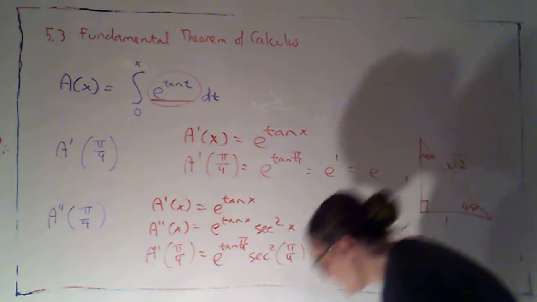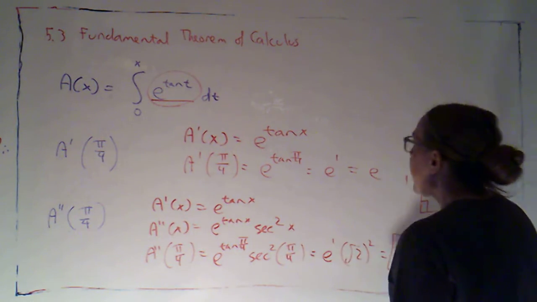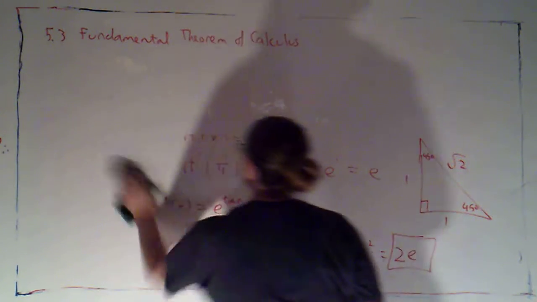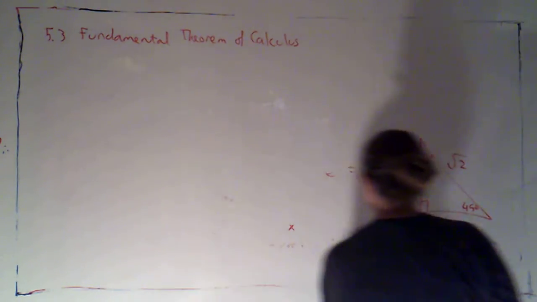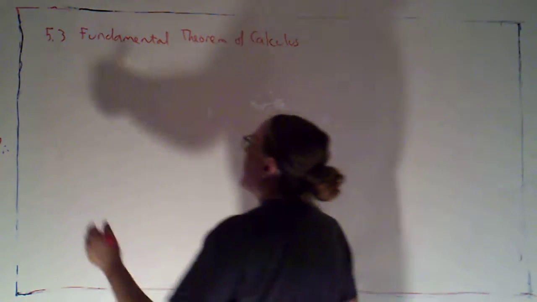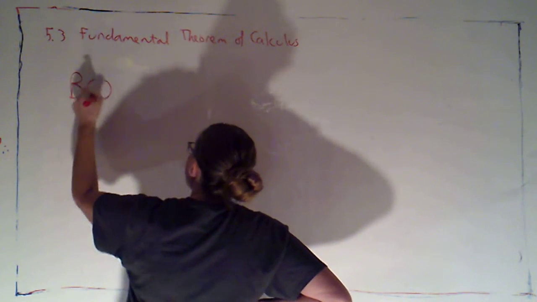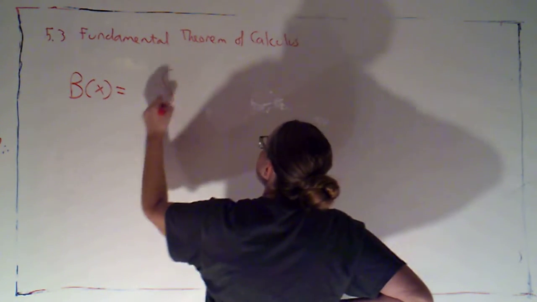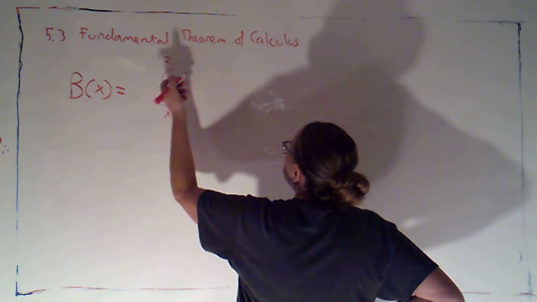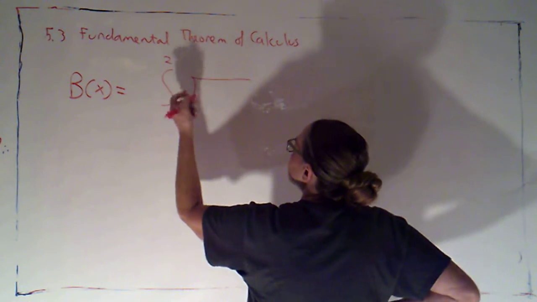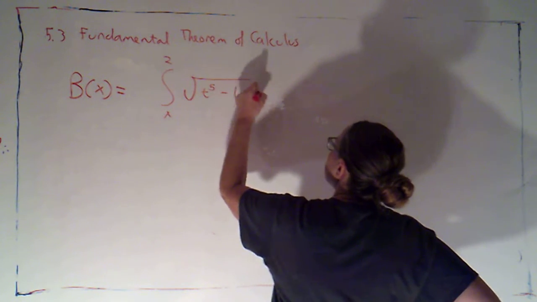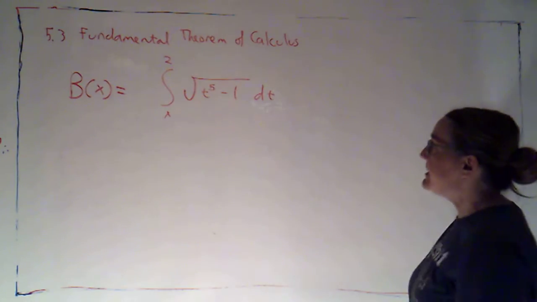Excellent. Okay. So now, I'm going to define another function. I'm going to just call this B of x, and I'm going to make it the integral from x to 2 of the square root of t to the 5th minus 1 dt.